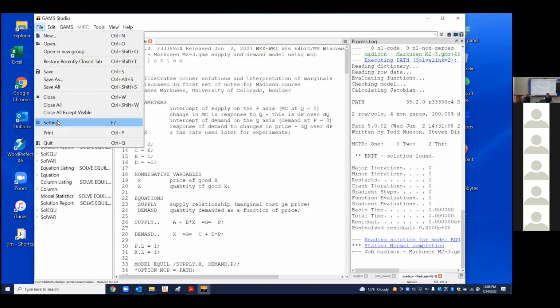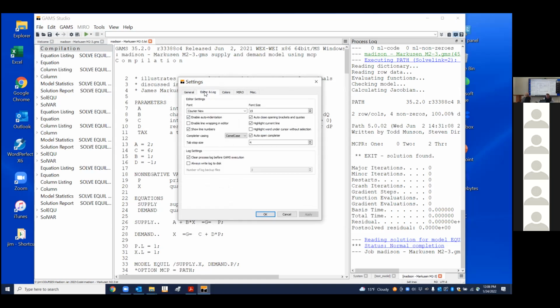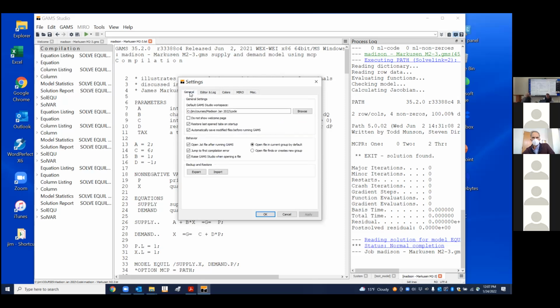If I go to File, Settings, I think there's somewhere you click so that it automatically opens the .lst file. Sorry about this. I should have. I think, by the way, it's me again. I got it now.